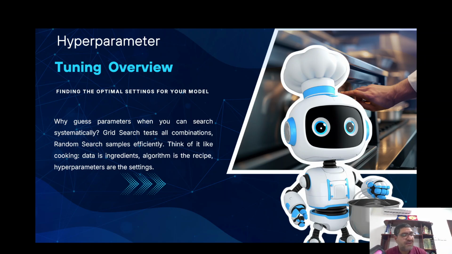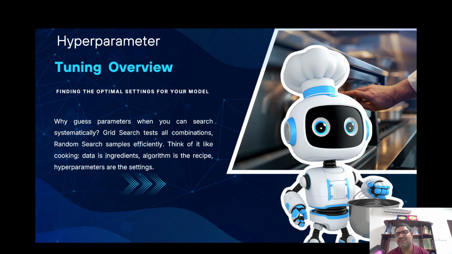You can think of it like cooking: data is the ingredients, and the algorithm is the recipe. Hyperparameters are the settings.